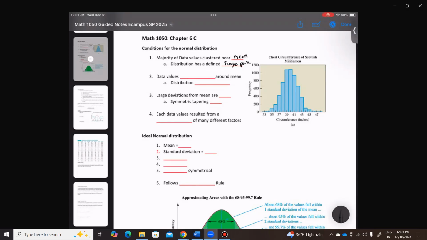The data values will be spread evenly around the mean and have more of a symmetrical distribution. Large deviations from the mean will be rare, and you'll see kind of a tapering down for the tails on either side, on both sides.